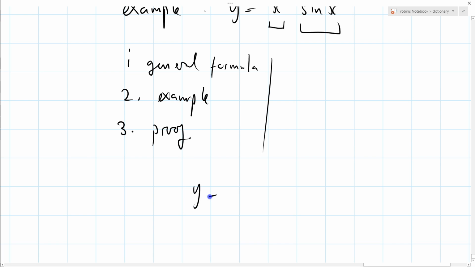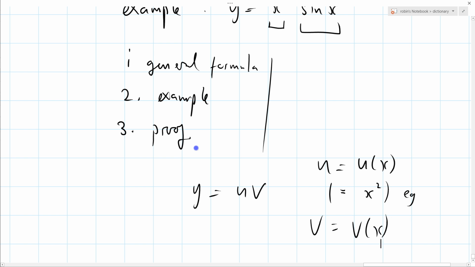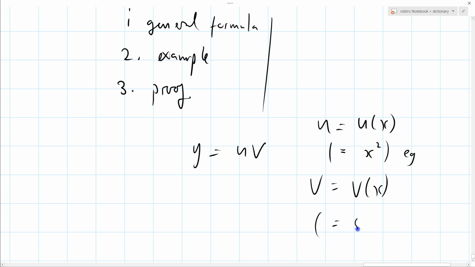If y equals uv, so it's a product where u is u of x, and of course in our example that's going to be x squared, and v equals another function of x, v of x, and in that case it is our sine x example. So we want to differentiate the product x squared sine x there.